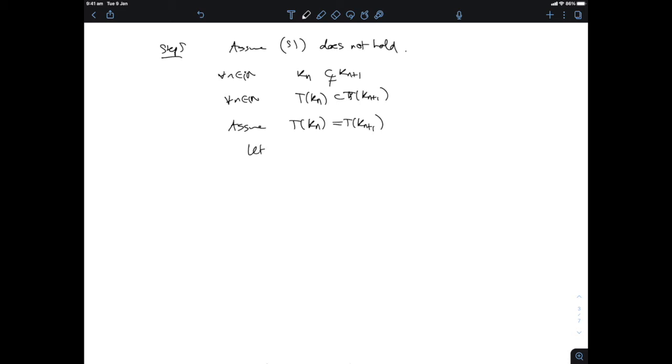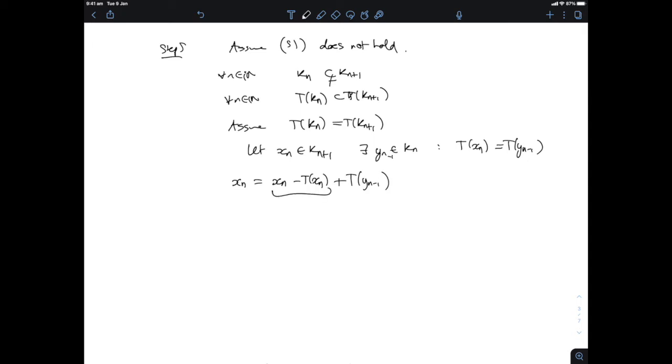Then what does that mean? Well, it means that if I take any xn in Kn+1, I can find a yn in Kn, maybe let's call that yn-1, such that T of xn is equal to T of yn-1. So this means that xn can be written as xn plus Txn minus Txn, so minus Txn plus T of yn-1.